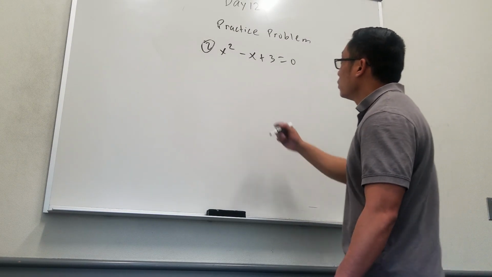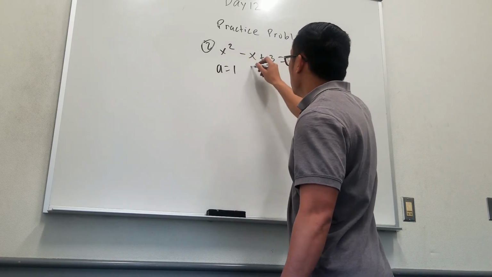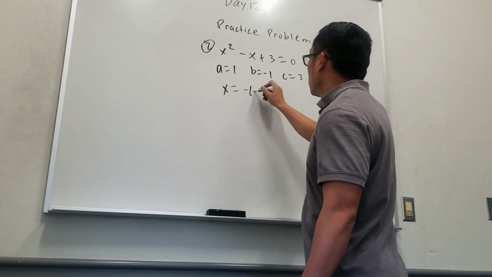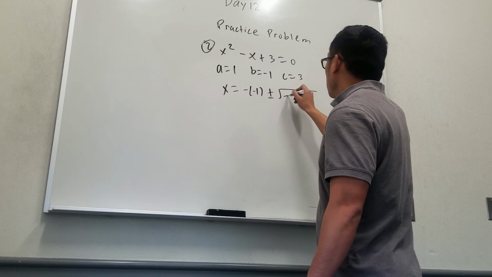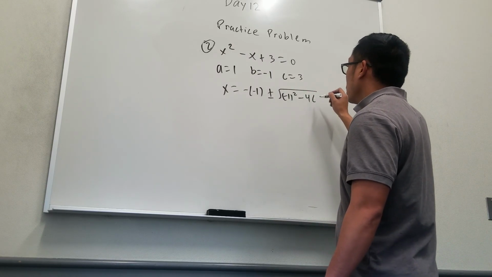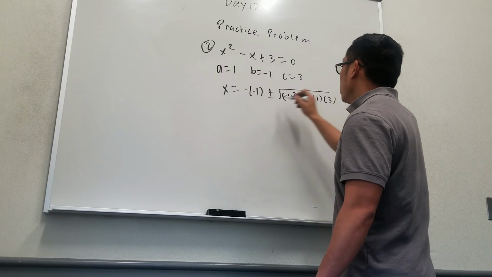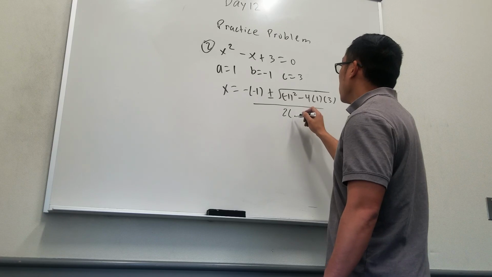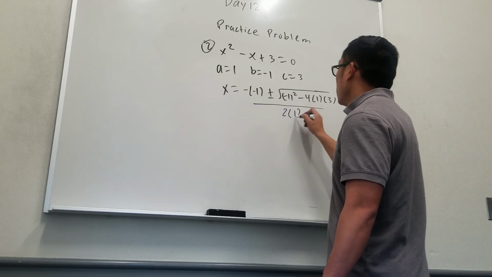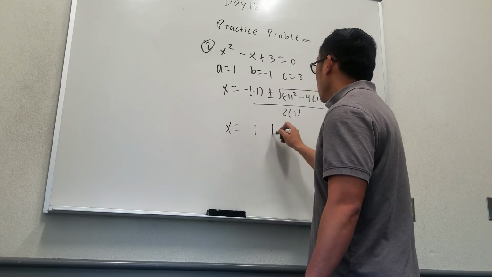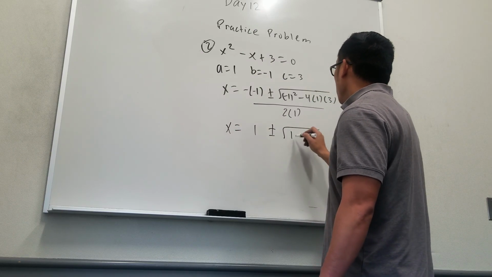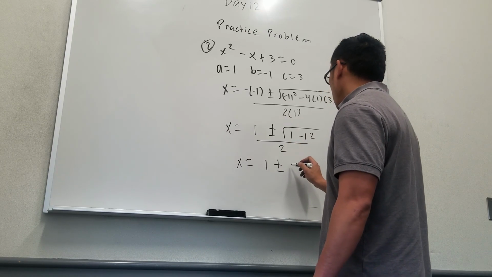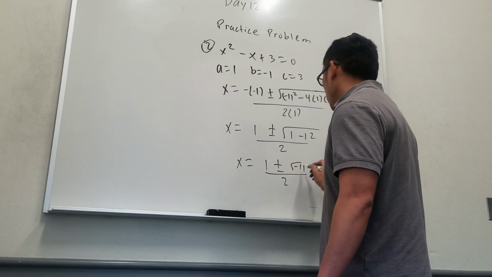Okay, so a is equal to 2, b is equal to negative 1, c is equal to 3. x is equal to negative b plus or minus square root of b squared minus 4 times a times c, all over 2 times a. So we have x is equal to 1 plus or minus the square root of 1 minus 24, all over 4. So you have x is equal to 1 plus or minus the square root of negative 23, over 4. Sorry about that.